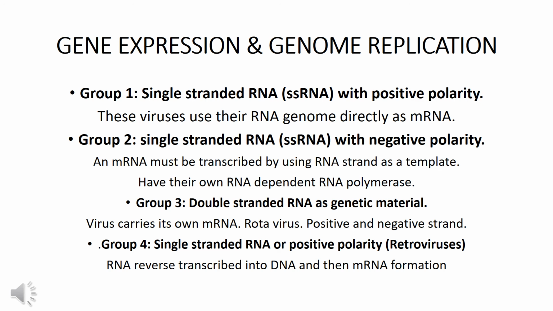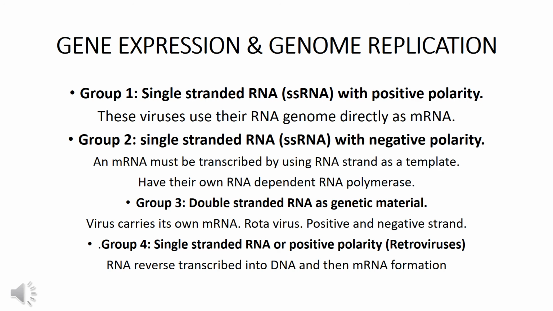Transcription is the formation of RNA from DNA. The DNA strand is used as a template and a new RNA strand is formed. So RNA formation from DNA is transcription, but the formation of DNA from RNA is known as reverse transcription.